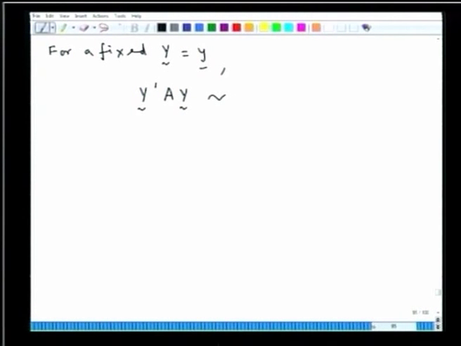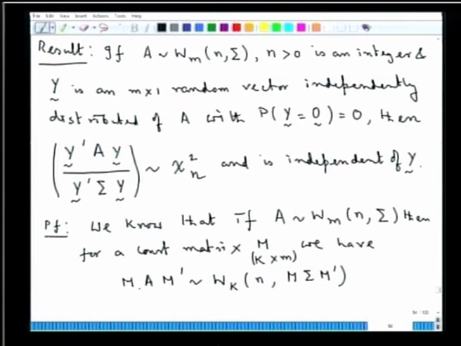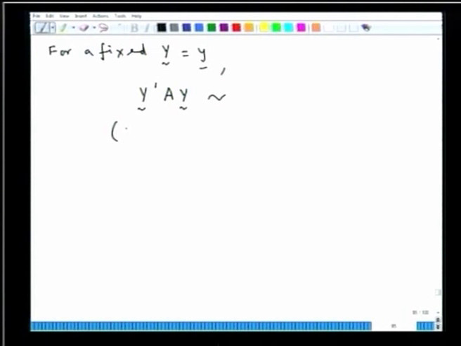The distribution would follow from the previous result, if we take M equal to y transpose. So in the previous result we are taking M equal to y transpose, and we will have a Wishart distribution of order k. What is k here? K is equal to 1 because we are taking y transpose, and y is a vector which is m dimensional.